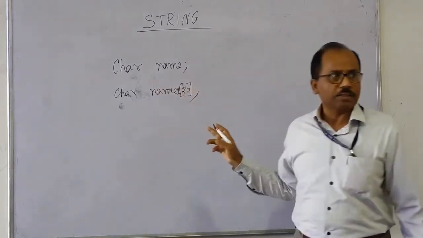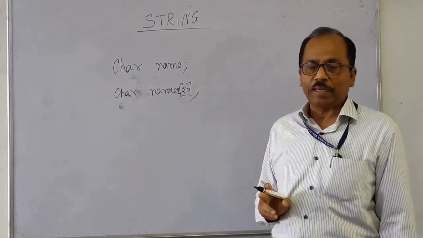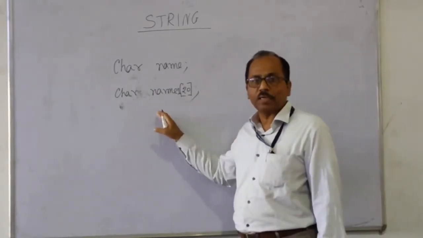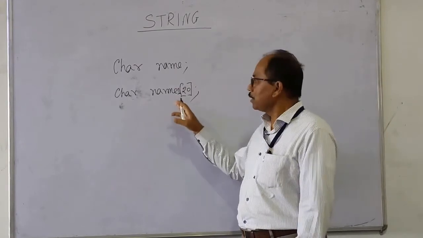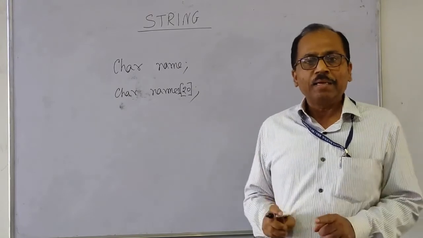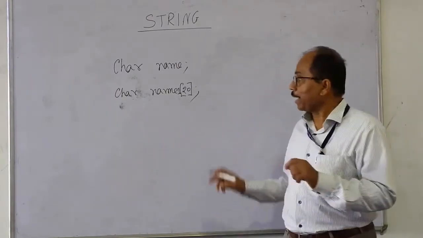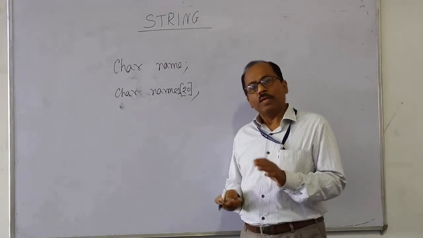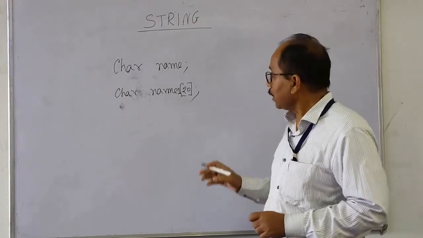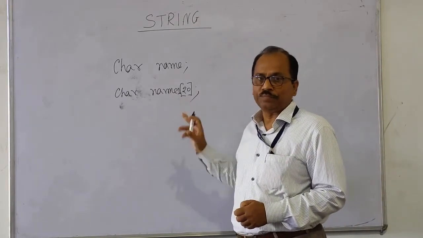The second declaration, which suffixes a square bracket containing some number, is the actual declaration of a string. It means name1 is your variable name which can contain 20 characters, and your name may be within that length of characters. This is the declaration of a string.